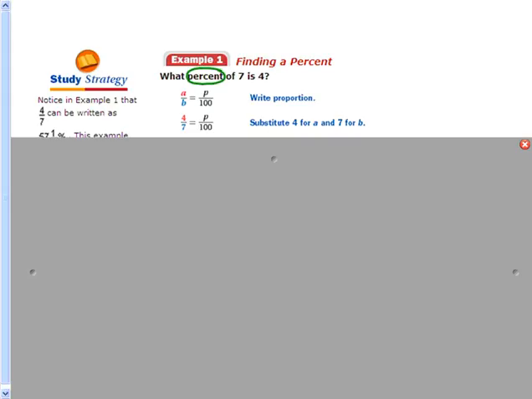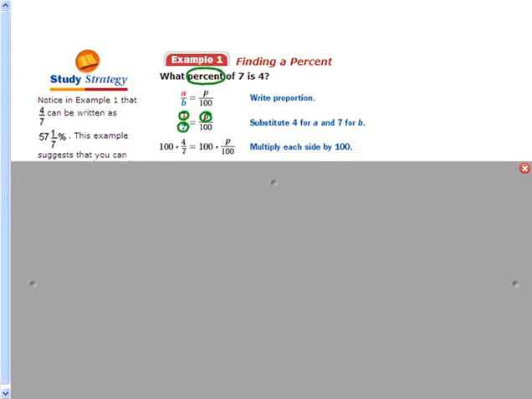So you can see 4 is the part, 7 is the whole. We don't know the percent, but we can figure that out using what we know about proportions. Now be careful, a lot of people will assume that the bigger number is always going to go on the bottom of the fraction. That does not always happen, so you have to think harder than that. We'll talk more about that later.